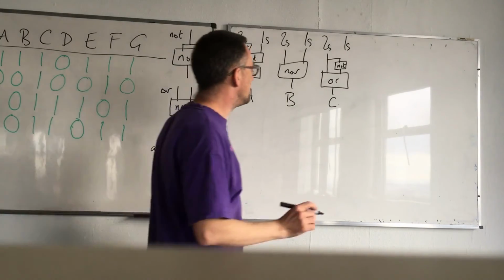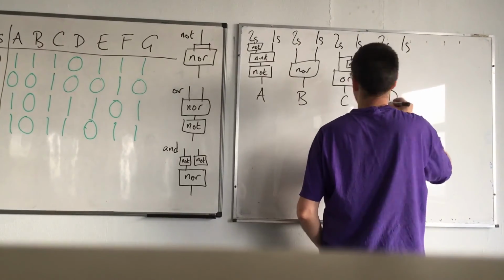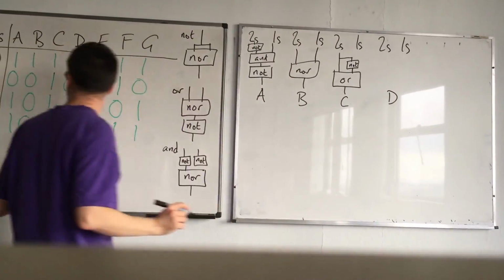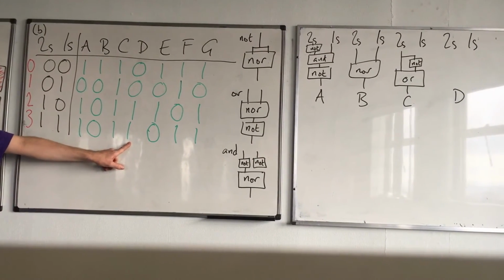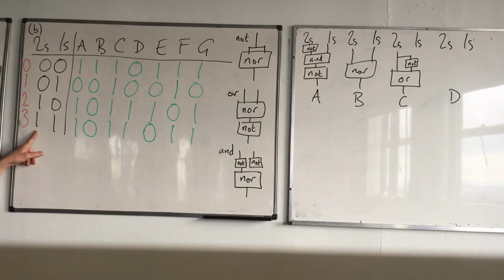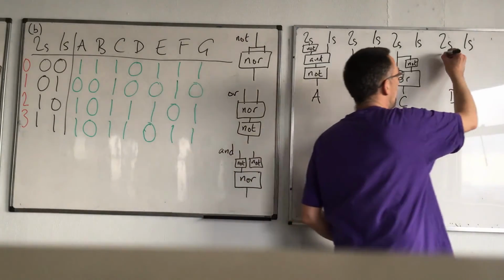Next, we have D. Well, if we look at D in the truth table, we can see that it is always exactly the same as the 2s input. So we can build this circuit very cheaply with just a piece of wire.